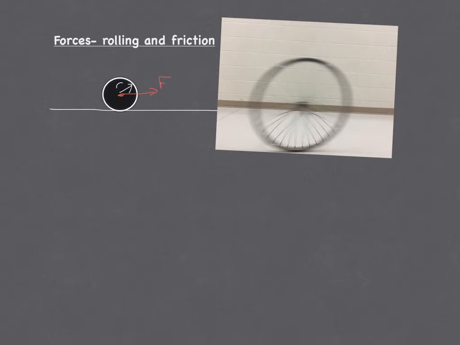to slide translationally. And if we do have a coefficient of friction here, we will get that tendency of sliding so that the friction will end up acting backwards, which will create the torque for the rotation.